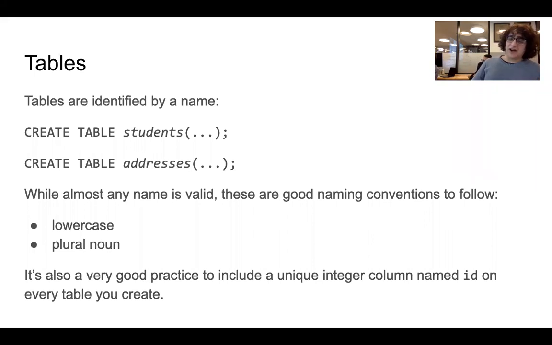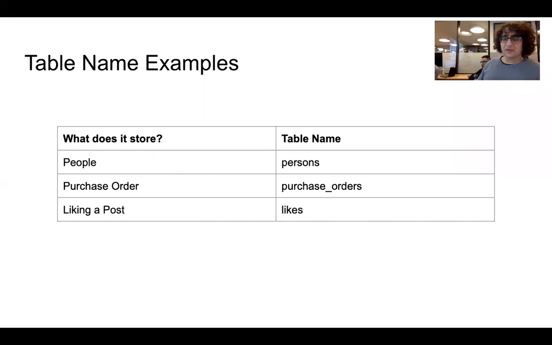It's also very good practice to include a unique integer column named ID on every table you create, making sure that each and every instance has a completely unique ID. Often SQL software will do that for you, but sometimes you need to do it yourself.